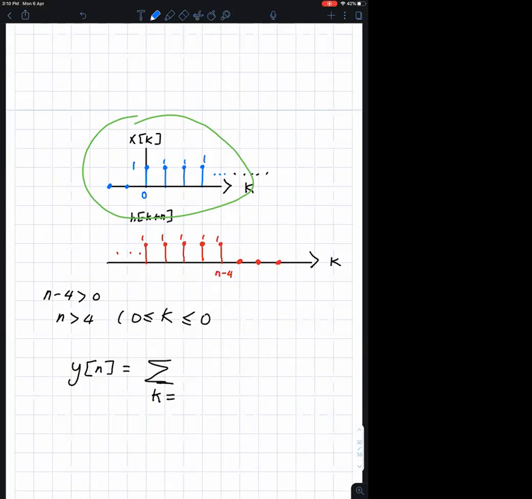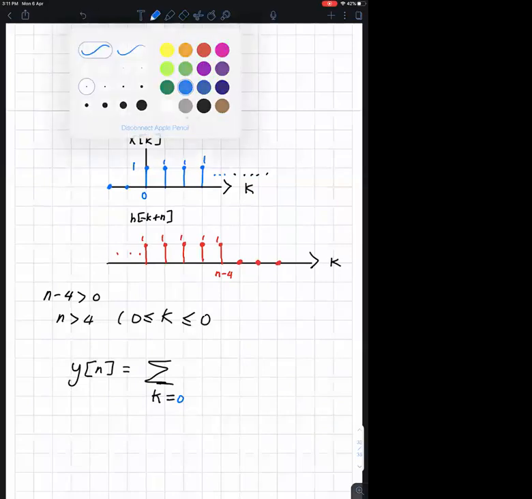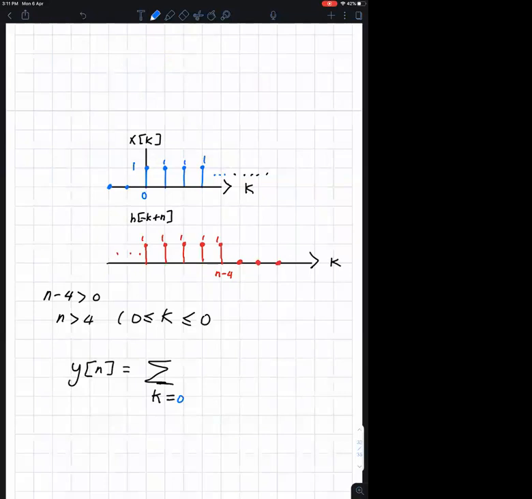So the lower limit is 0. The upper limit is controlled by what? N minus 4, sir. Yes, n minus 4, because it depends on the value of n.